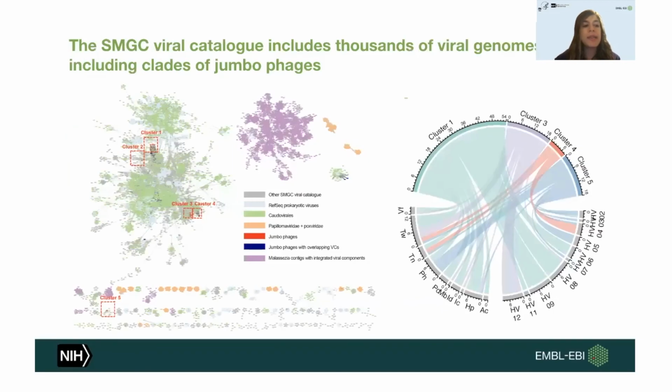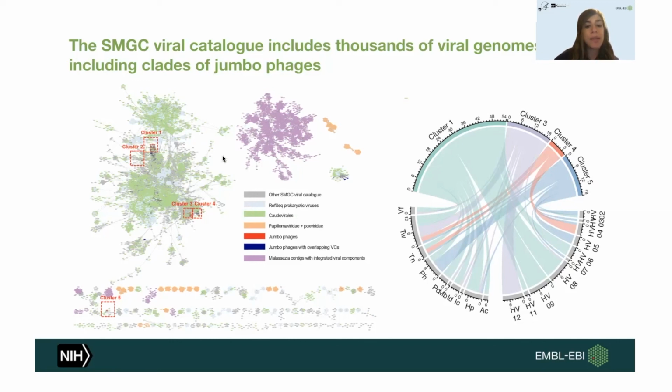And what was interesting to me is that the majority, roughly 90% of our viral sequences, did not have any match to what was found in IMGVR. So to understand what these viral sequences belong to, I clustered them by protein content with the RefSeq prokaryotic sequences.